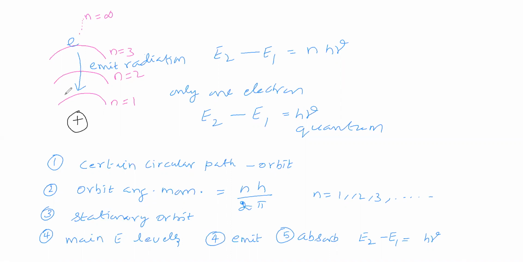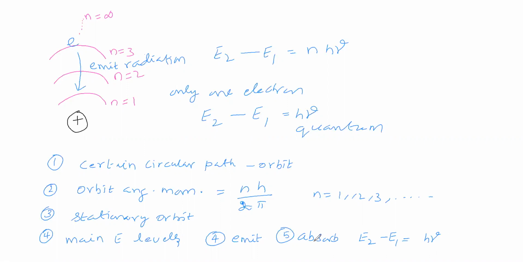The electron present in this level has that energy, and this level is called the main energy level. The electron will emit radiation when it jumps from a higher energy level to a lower energy level. Next, the electron absorbs energy when it jumps from a lower energy level to a higher energy level. The difference in levels, higher energy level minus lower energy level, is equal to a quantum, that is h nu. These are the postulates of the Niels Bohr model.